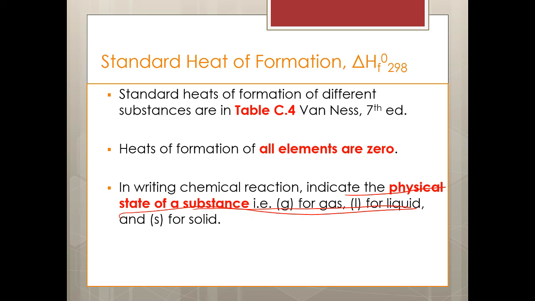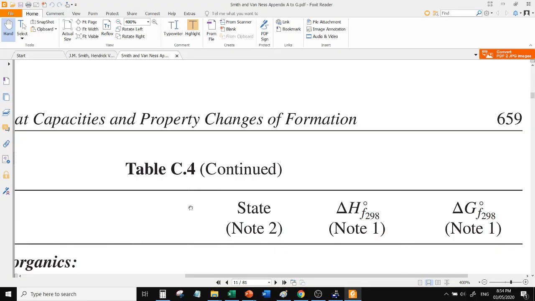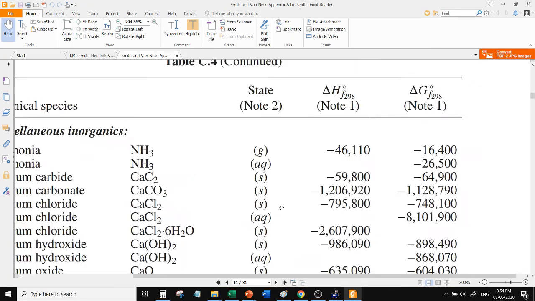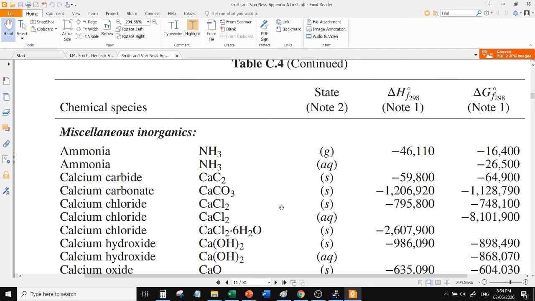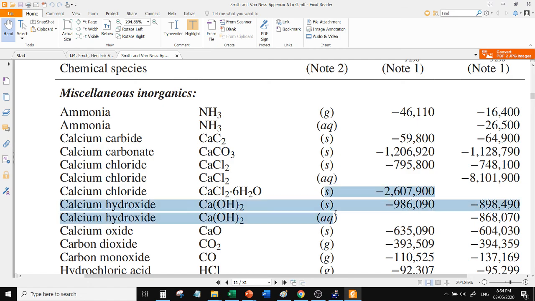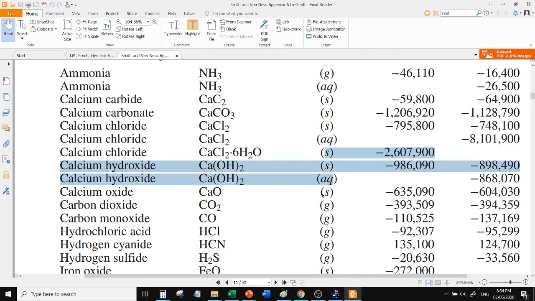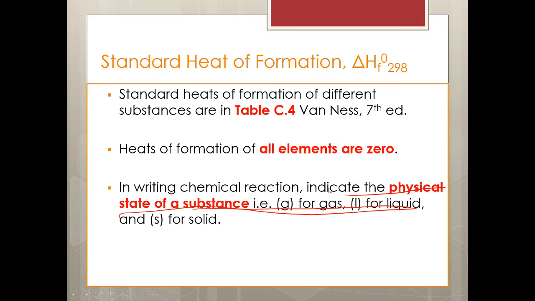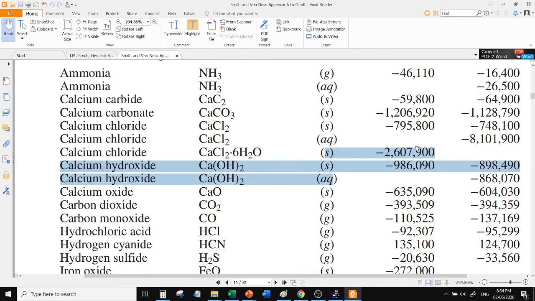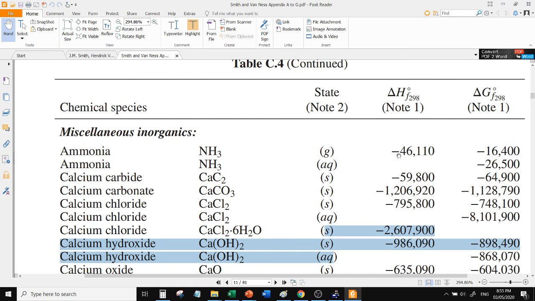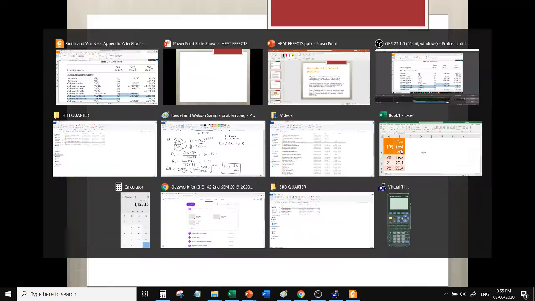G for gas, L for liquid, S for solid. Bakit? Kasi may ibang substance na nag-e-exist sa iba't ibang state. Bawa ito, si ammonia, meron siyang gaseous, meron siyang aqueous. Yun, edi, pag di mo sinulat, lagot ka. Kakamali ka. Ganon. So, dapat alam mo yung state niya, kasi baka maiba yung mapili mo na delta H.